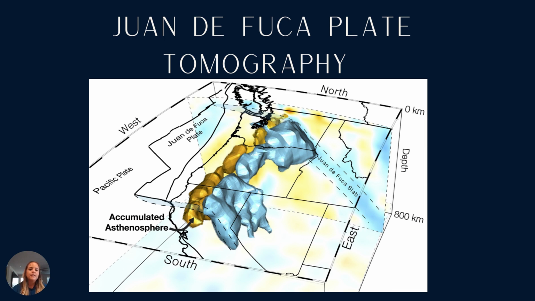One of the things that they did see is that there's a pretty large chunk, that gold chunk there in the center called accumulated asthenosphere, that is very buoyant and is pushing upwards. And so some of the uplift that we see in the mountains along the east side of California, the Sierra Nevada, and through Oregon and Washington is actually from this buoyant material pushing up on that and uplifting it.